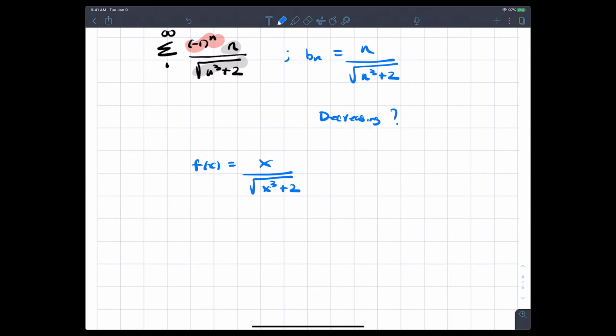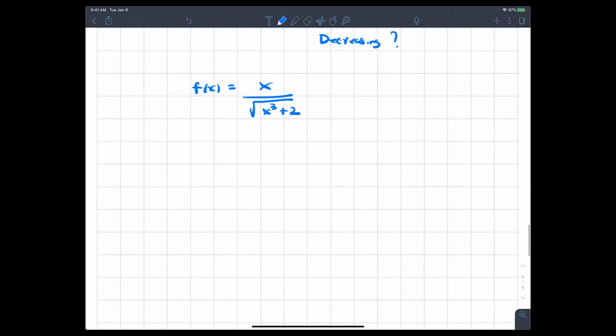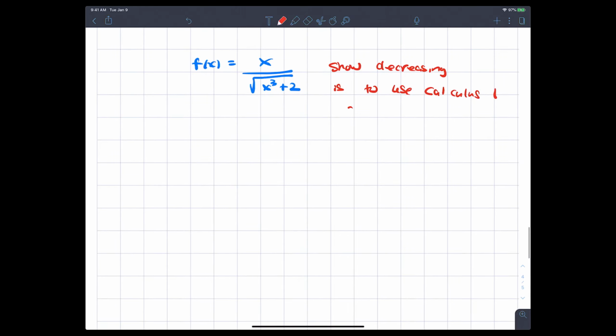What you may need to do to show that this is decreasing is to use calculus 1. So if you're in a situation where you don't know that it's decreasing and you have to show it, take a look at sign analysis on the first derivative.